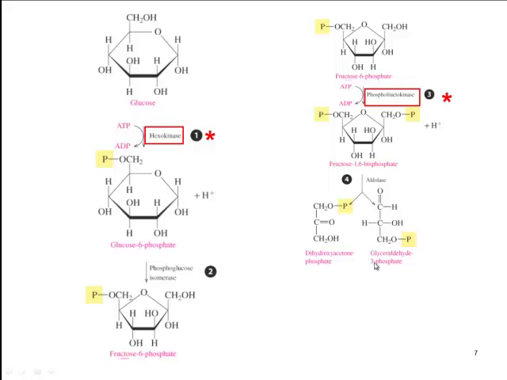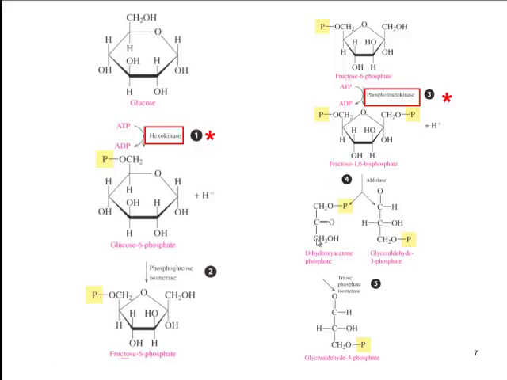Glyceraldehyde 3-phosphate is the only molecule that can continue on. So dihydroxyacetone phosphate, or DHAP, is converted very quickly by an isomerase into glyceraldehyde 3-phosphate. So it's going to convert our C double bond O from this carbon to the carbon not containing the phosphate.